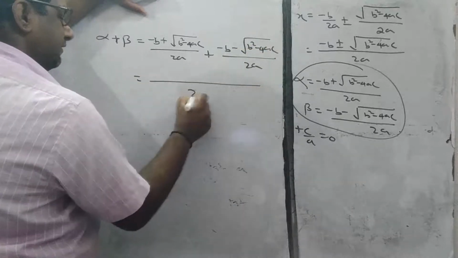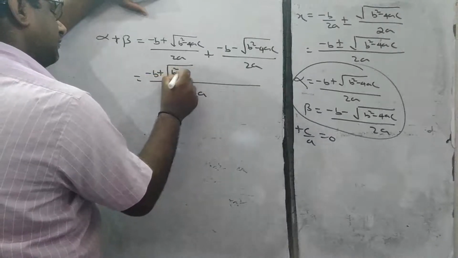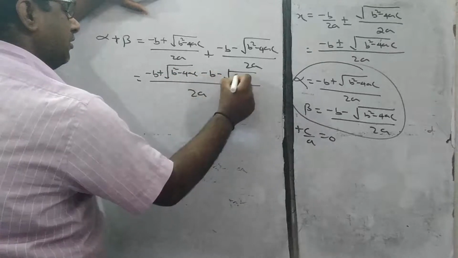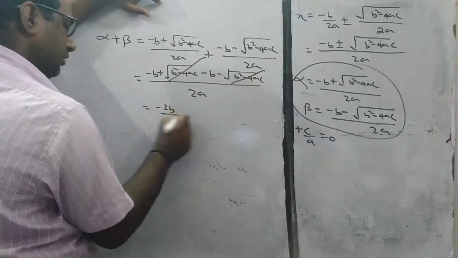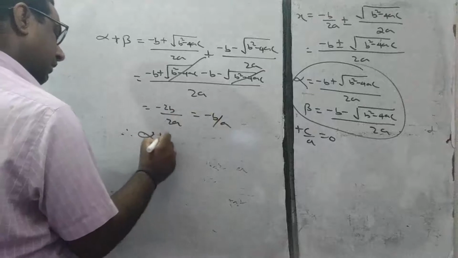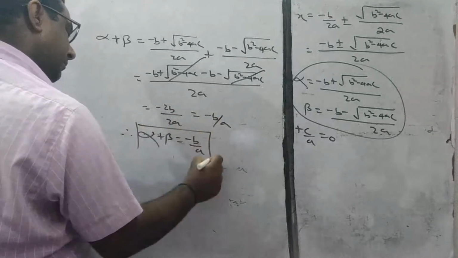Take 2a as a LCM. So minus b plus under root b square minus 4ac minus b minus under root b square minus 4ac. So this term cancels out. So minus 2b upon 2a. So minus b by a. Therefore, alpha plus beta is equal to minus b by a.